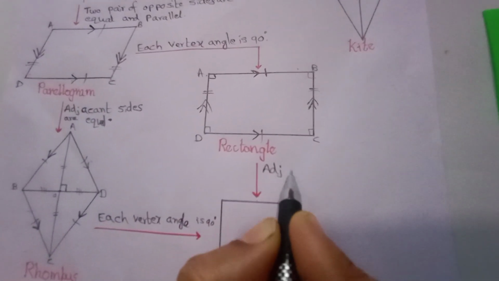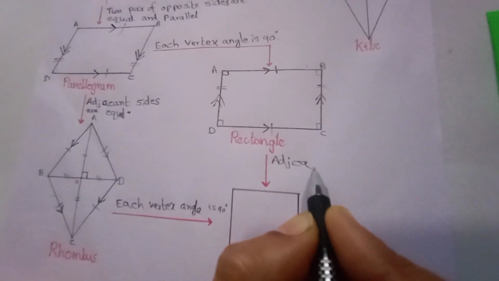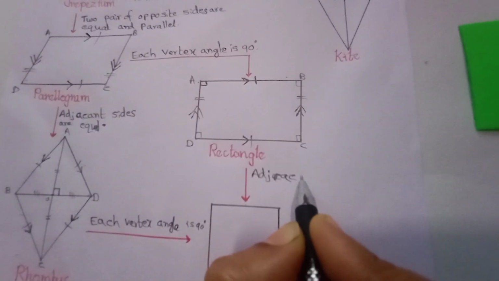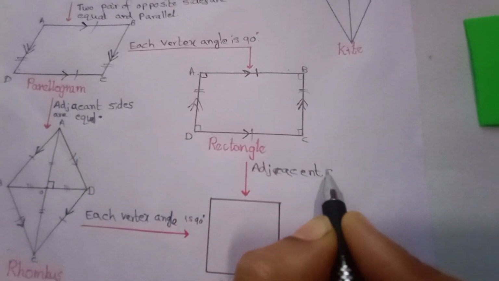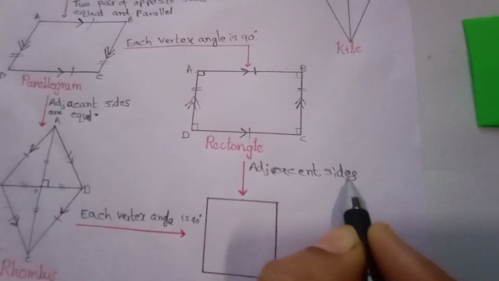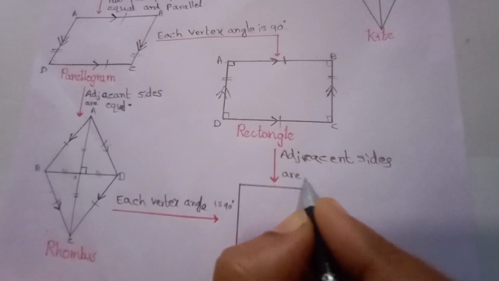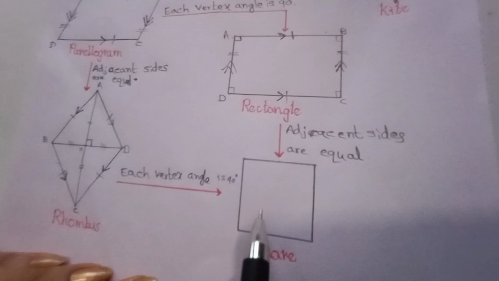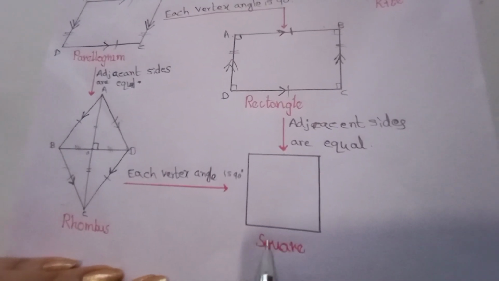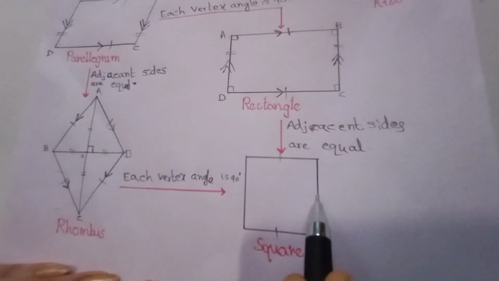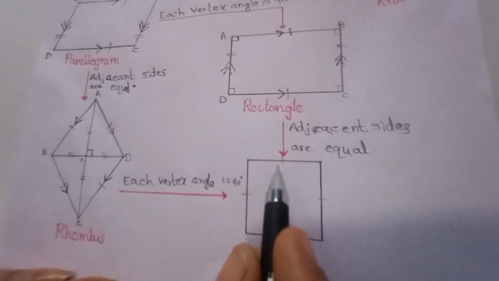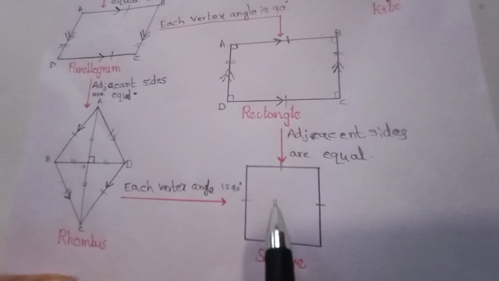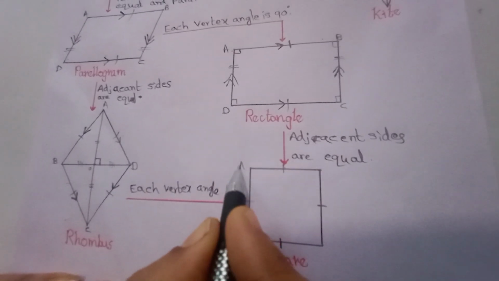Here adjacent sides are equal. In this square, all sides are equal like this. And just name it.